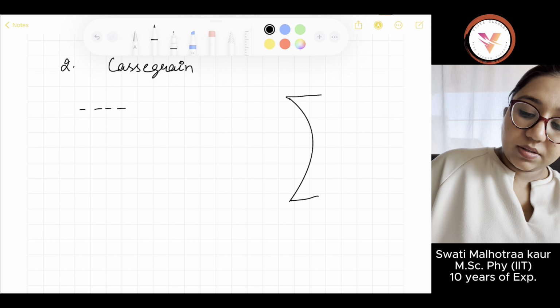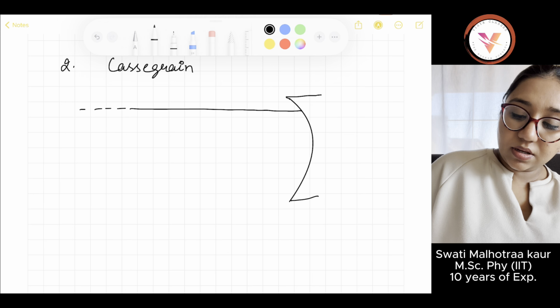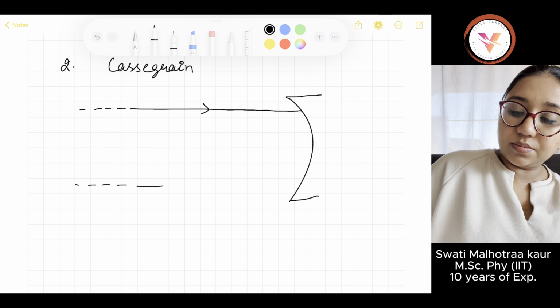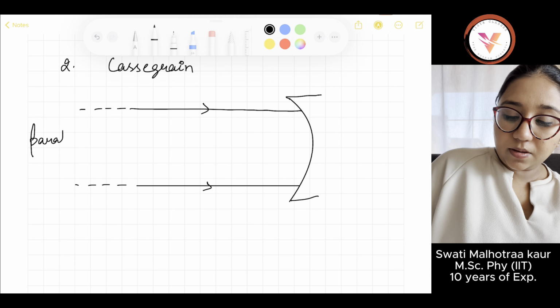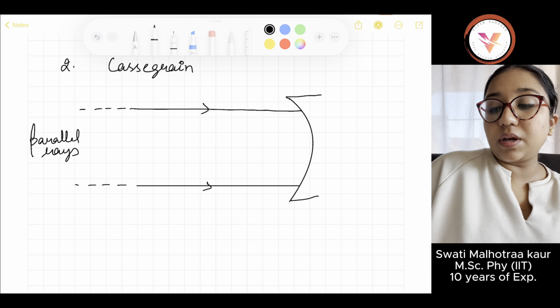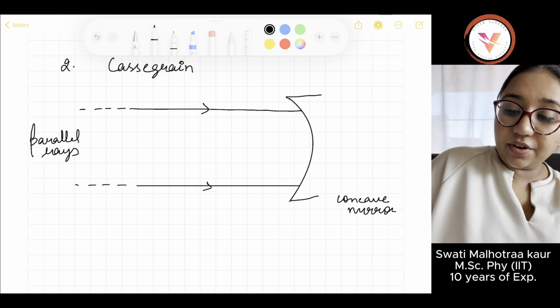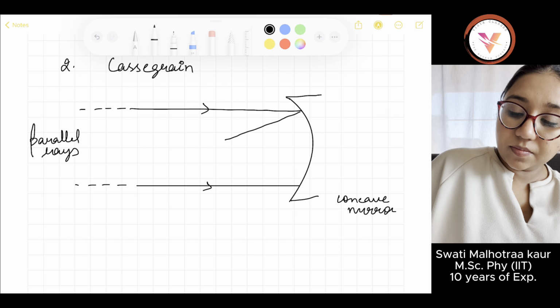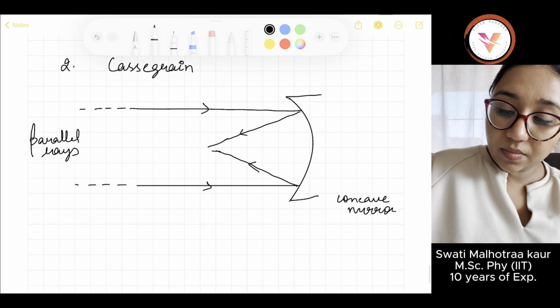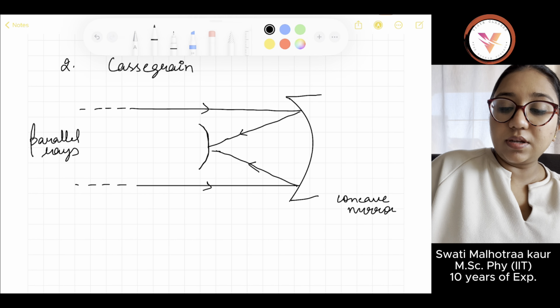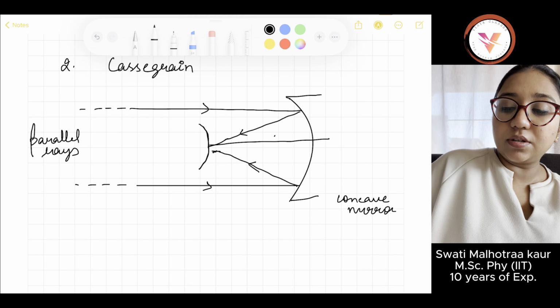Again, some parallel rays come on this mirror, and this is my concave mirror, and after reflecting here, it uses a convex mirror like this, and it diverges.